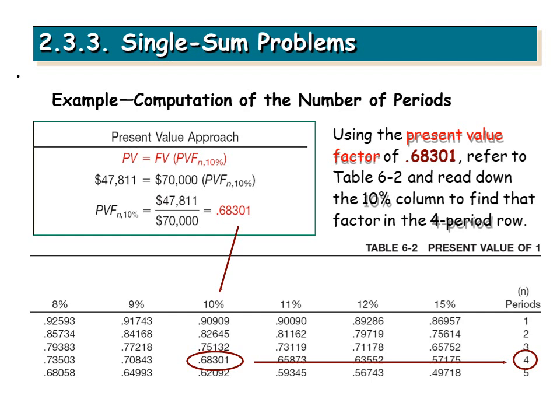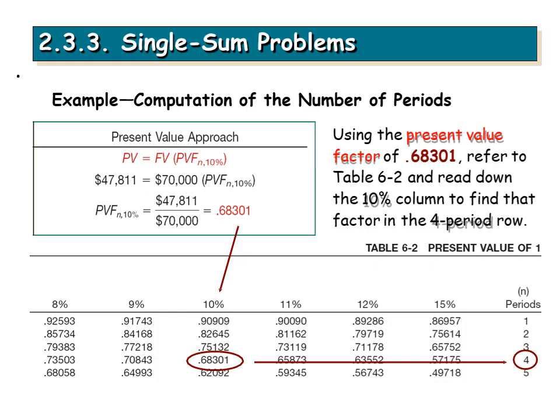The present value factor 0.68301 is found at 4 periods. So we have confirmed that in both the future value approach and the present value approach, our period is 4, or our year is 4.